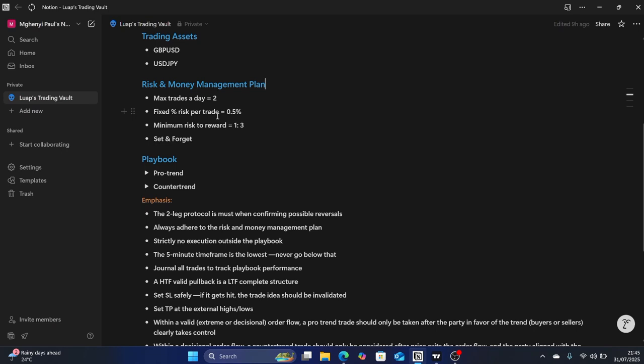If you caught a GBPUSD trade and you use one lot, and the stop loss for that trade is like 20 or 30 pips, then tomorrow you get another trade and the stop loss will be ranging, so it will be something more than that.